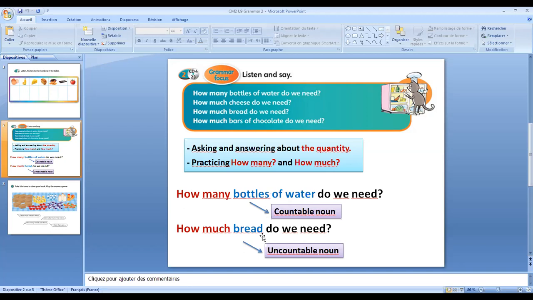But if we don't have S, like bread, fish, water, cheese, they don't have the S of plural at the end, not another S. So we can't count them easily. So we have to use another kind of word, for example, loaf of bread, piece of pizza, and so on. So this is how to differentiate between these two kinds of nouns.